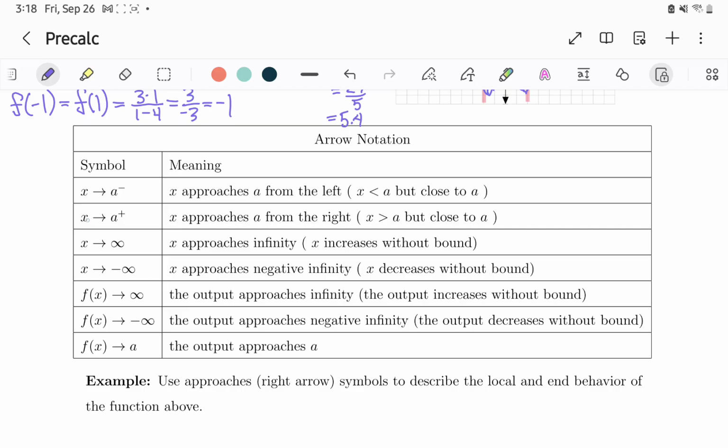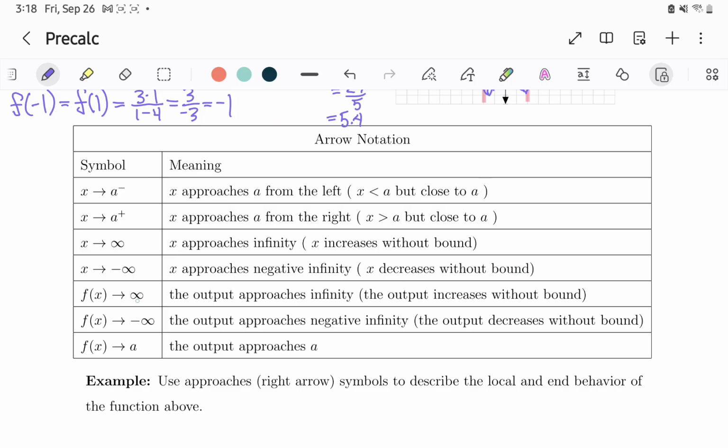And if we have x goes to a, but with a plus sign in the exponent next to a, this means that x approaches a from the right. So x is greater than a, but close to a. And then x arrow to infinity just means x approaches infinity, so x increases without bound. X arrow to minus infinity, x approaches negative infinity, so x decreases without bound.